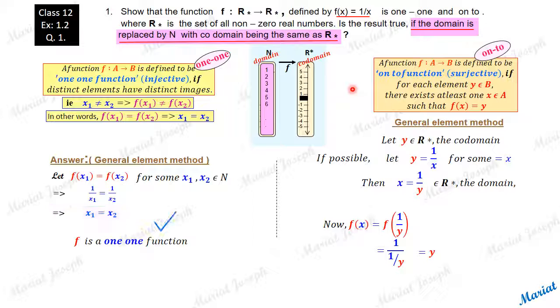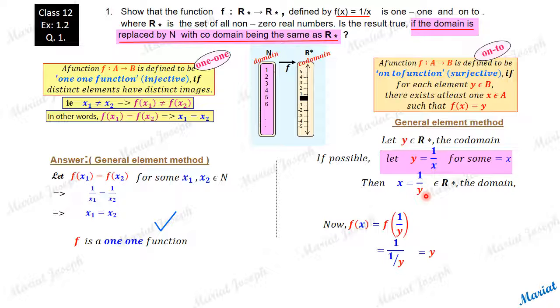Go ahead checking onto function. Remember, this time the domain has only positive integers. So let us take a y that belongs to the codomain to compare with the definition. Begin with y that belongs to the codomain. Then if possible, let y equal 1 by x for some x, which means x is equal to 1 upon y.